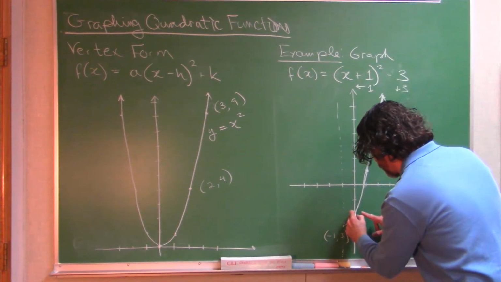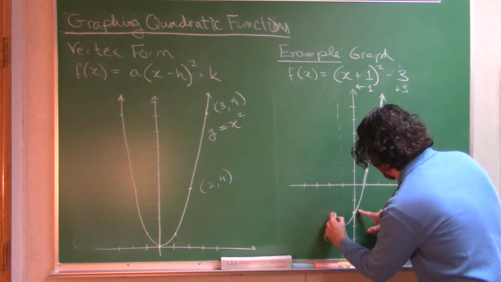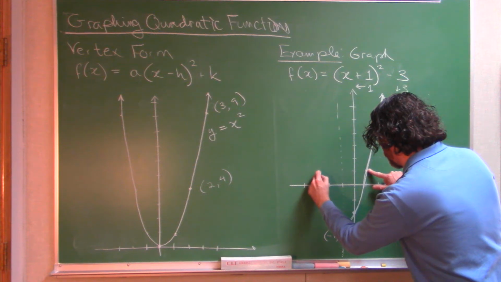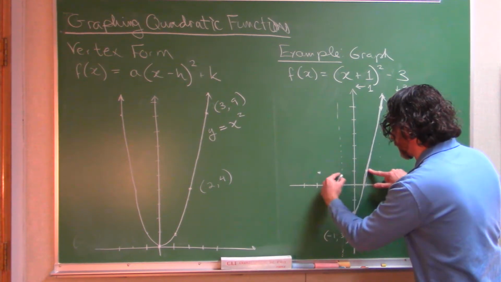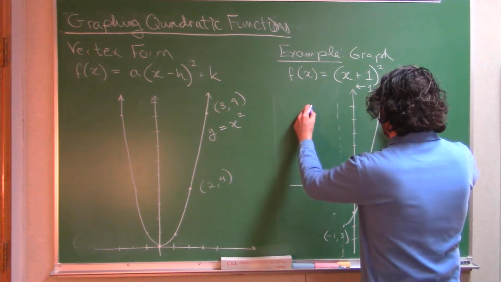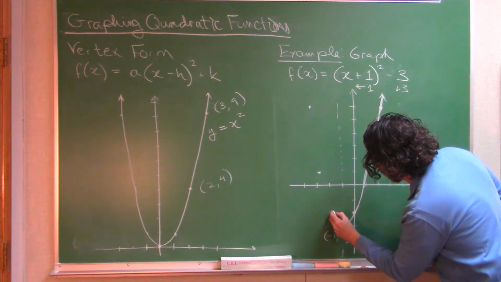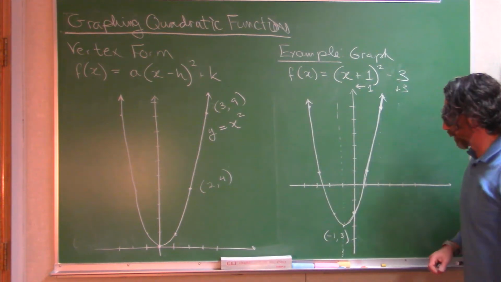Okay, so see this point is on the line. I can go 1 unit across and get another point on the graph. This point is on the graph. Well, it was 2 units away from the line. I'll have a point kind of symmetric there, and then 3 units over there.